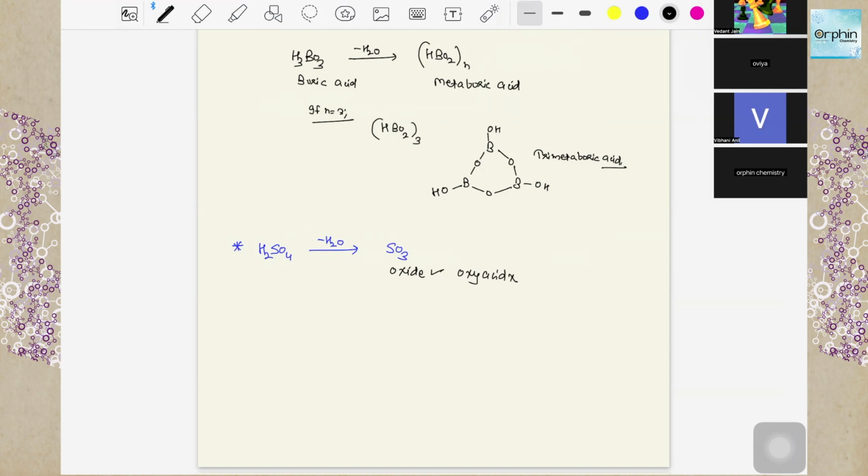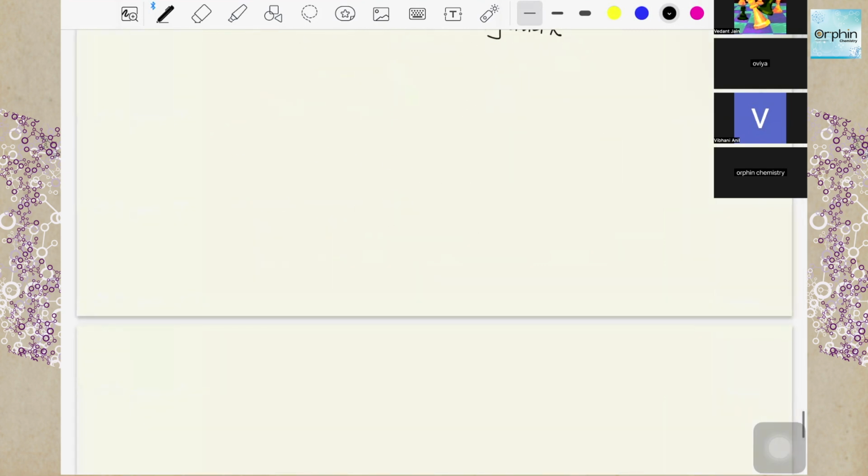So to differentiate them, we use the prefix ortho. You can use ortho nomenclature for the oxy acid from which the meta form can be derived. If the meta form can be derived, you can use ortho. For example, orthophosphoric acid.